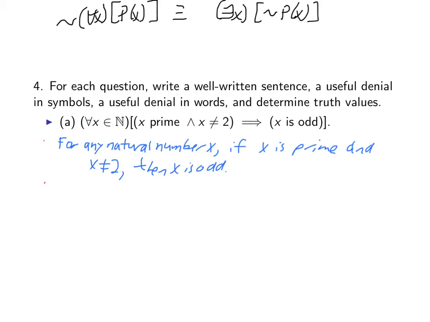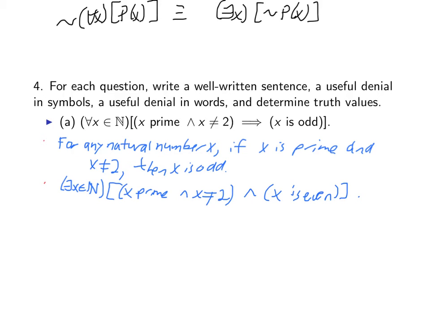If it's not true that for all x p of x is true, then there must be some x for which p of x is false. And in this case, p of x is an implication, and so we're going to deny that. So a useful denial of the whole thing would be like this.